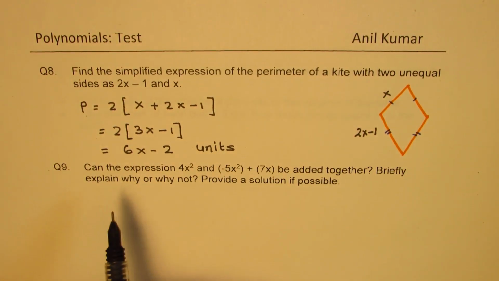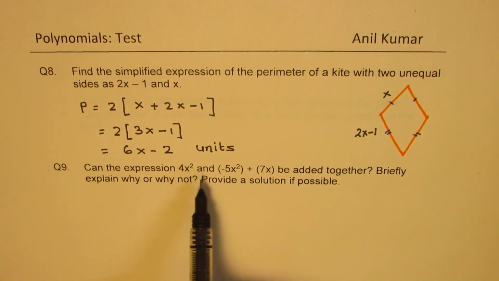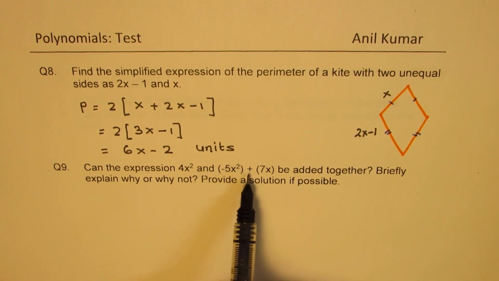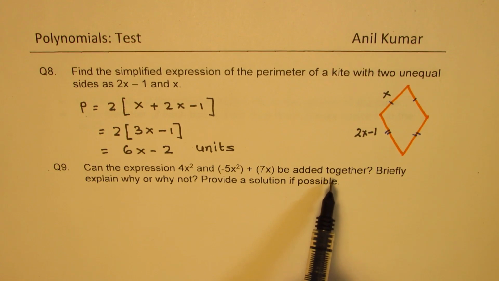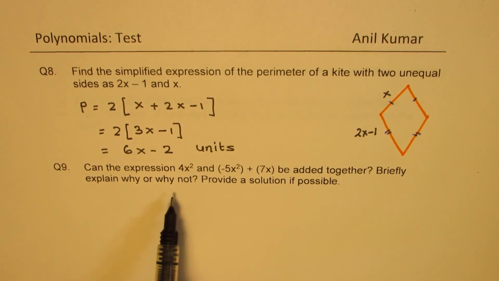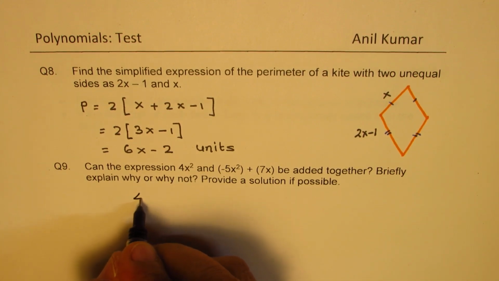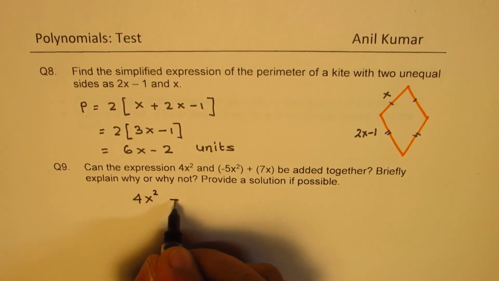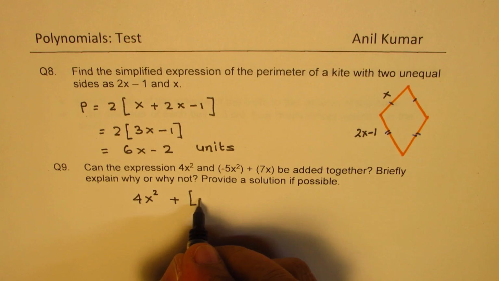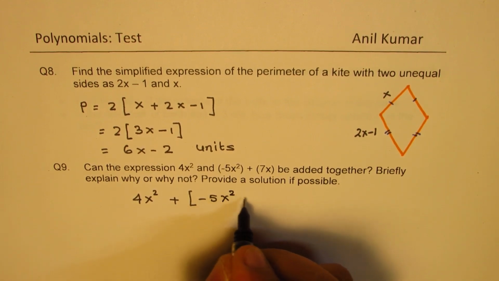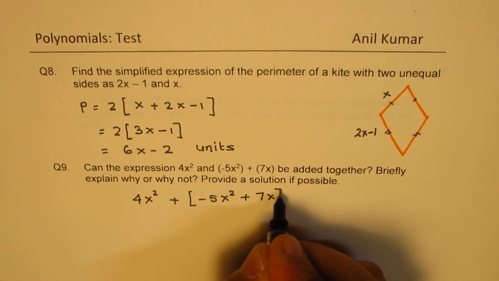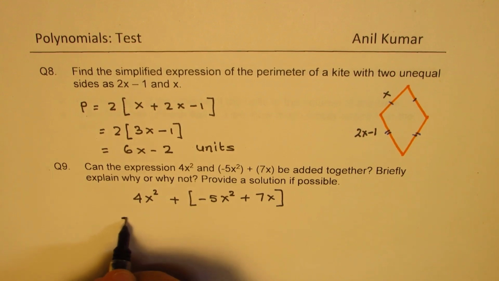Question 9. Can the expression 4x squared be added together with minus 5x squared plus 7x? Briefly explain why or why not. Provide a solution if possible. So we have the expression which is 4x squared. Let's try to add this with minus 5x squared plus 7x. Now we do have like terms, so it can be added.